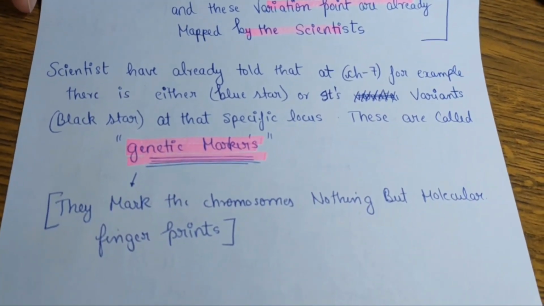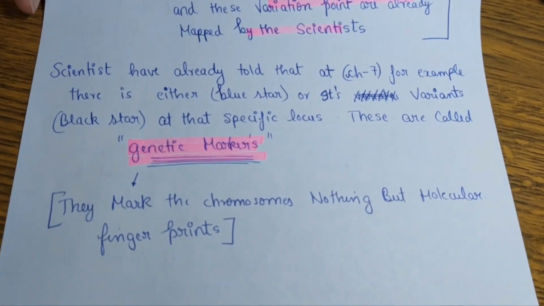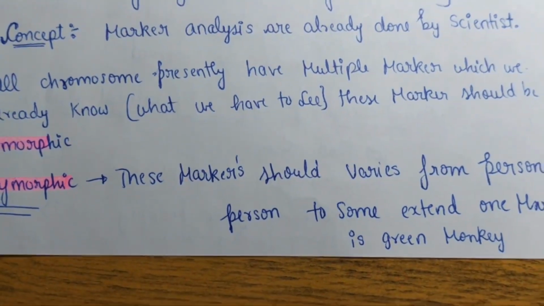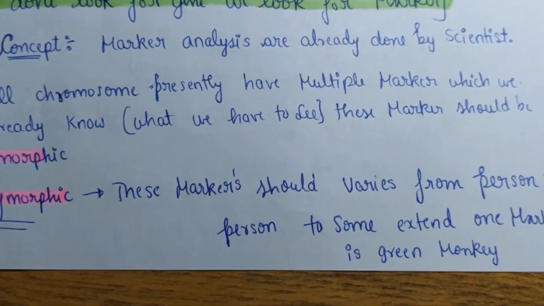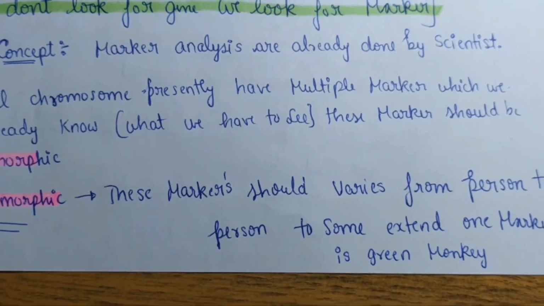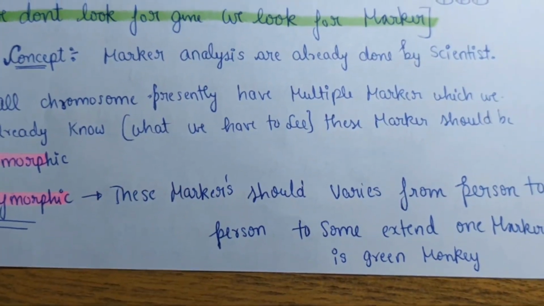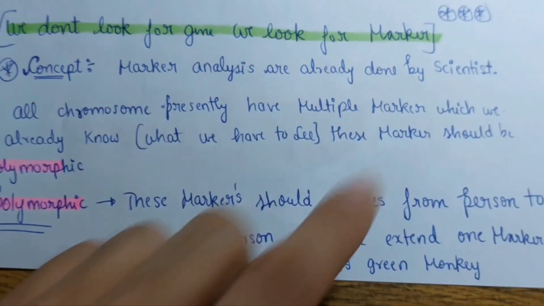Genetic markers basically mark the chromosome. They are also called molecular fingerprints. The gene marker analysis has already been done by the scientists, and every chromosome has multiple genetic markers, which we already know thanks to the scientists. We should know the concept that these markers should be polymorphic.